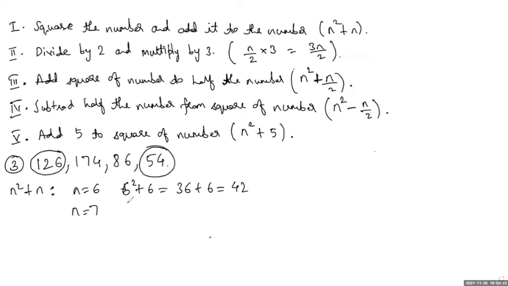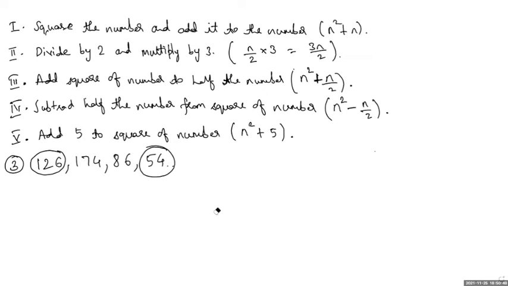Check for n is equal to 7. 7 square plus 7. 7 sevens are 49 plus 7. What is 49 plus 7? 56. But here it is 54. So rule number 1 is not correct. Did you understand? Why no rule number 1? Yes, ma'am. Okay, so rule number 1 is not correct.